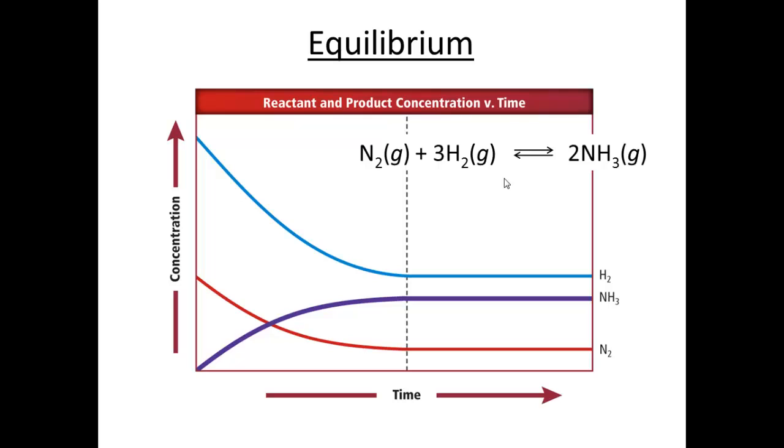At that point, the concentration of our reactants and products becomes constant. It does not change because this reaction is going forward and this reaction is going this way, so we are at a constant equilibrium.